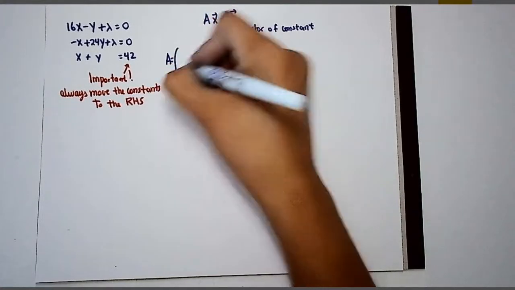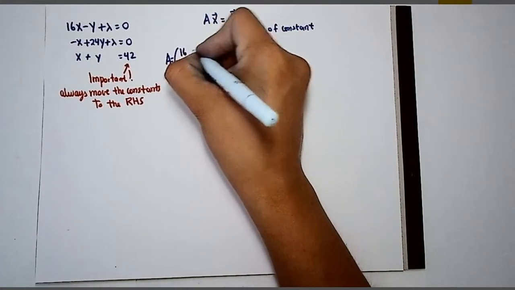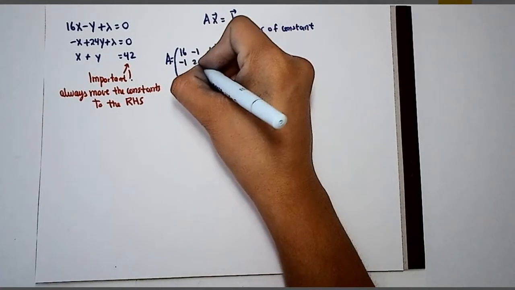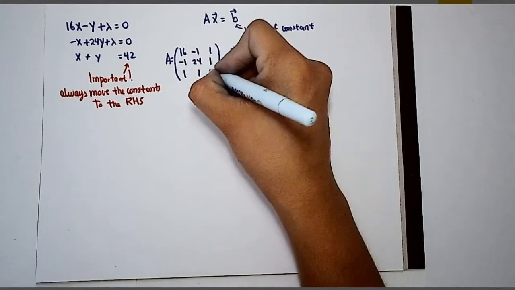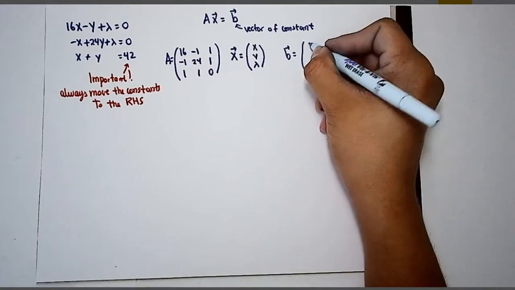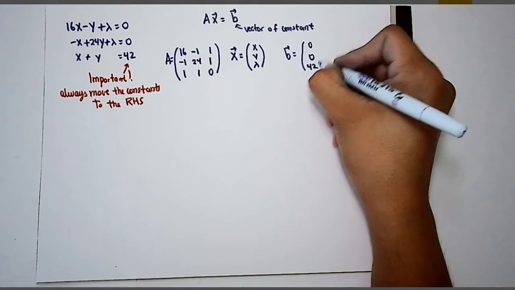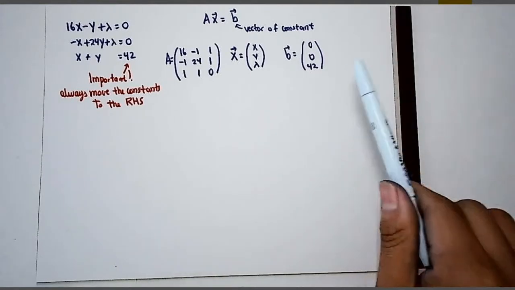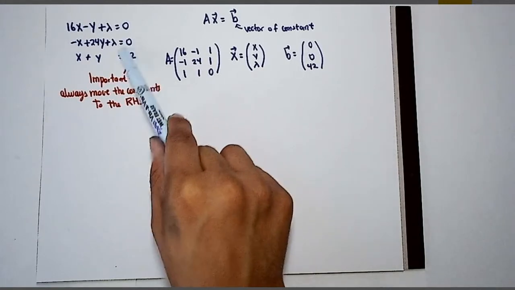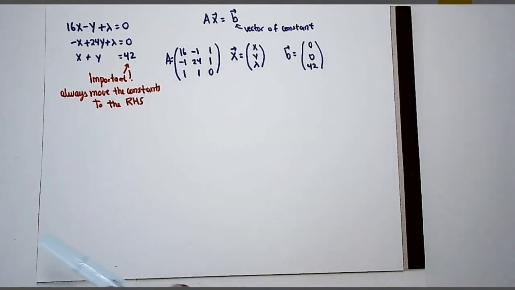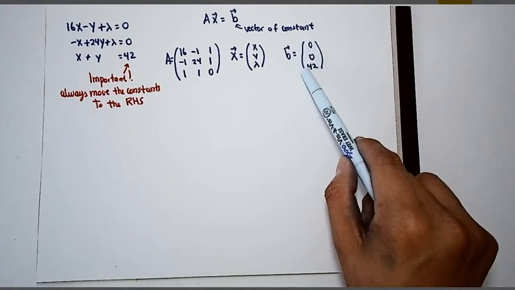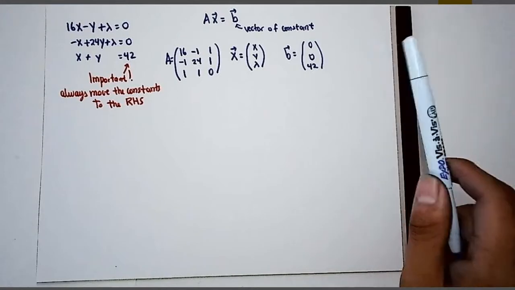The matrix of coefficients is 16, minus 1, 1, minus 1, 24, 1, and 1, 1, and 0. And the vector of constants will be 0, 0, and 42. Notice, if you forget to move the right hand side constant, then you will have a problem because the vector of constants will be all 0 and you cannot solve that problem.